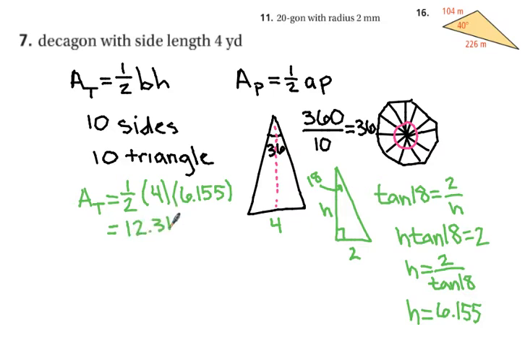Okay? Well, that's for one triangle. So if I want all 10 of these triangles, I'm going to have to take this number and multiply it by the 10 triangles I have. Okay? And so now my area of the actual polygon is going to equal 123.1 units squared.